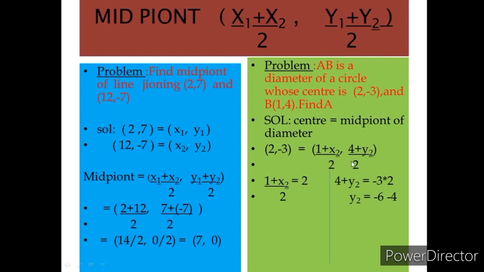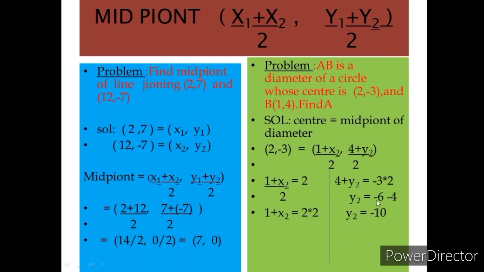Whenever you transpose this 2 to this side, it becomes minus 3 into 2. Therefore y2 is equal to minus 3 into 2, which is minus 6. This plus 4 becomes minus 4, isn't it? Then come to here, you have to transpose this 2 to that side. Therefore 1 plus x2 becomes 2 into 2. Therefore here y2 is minus 4.